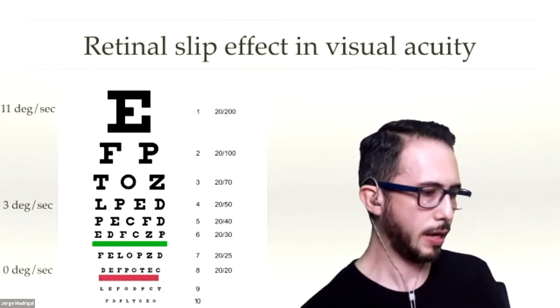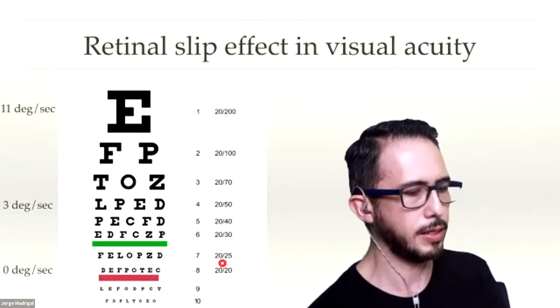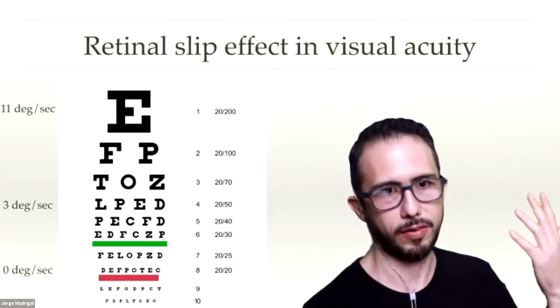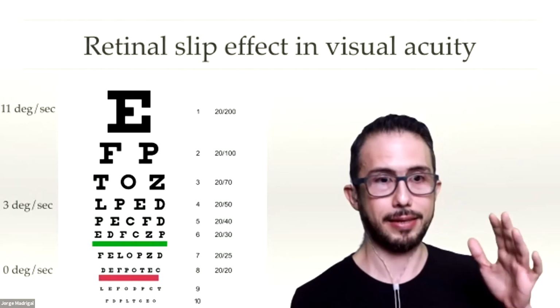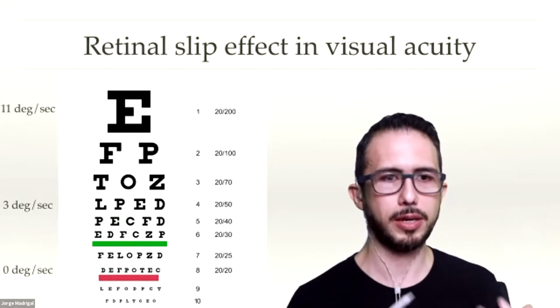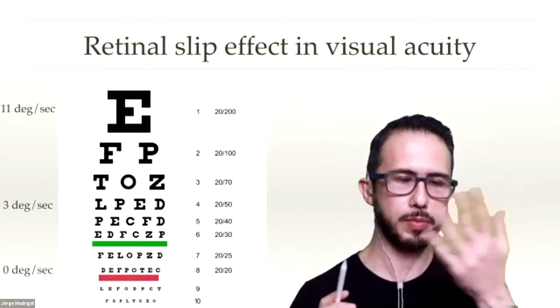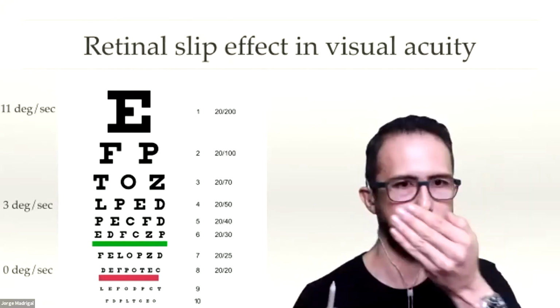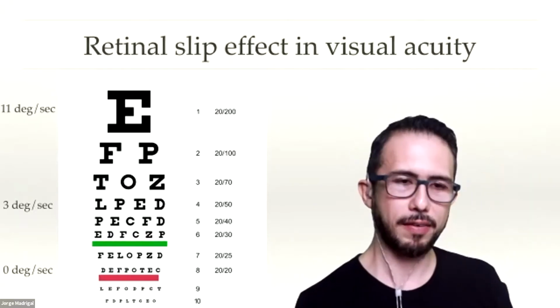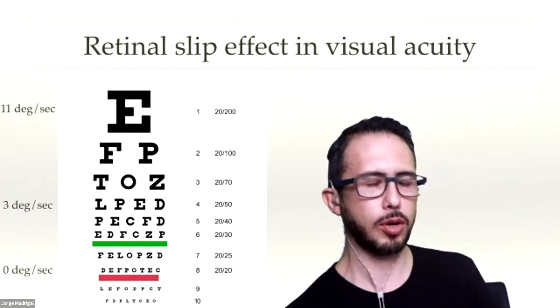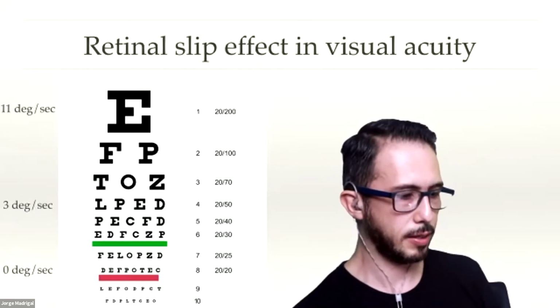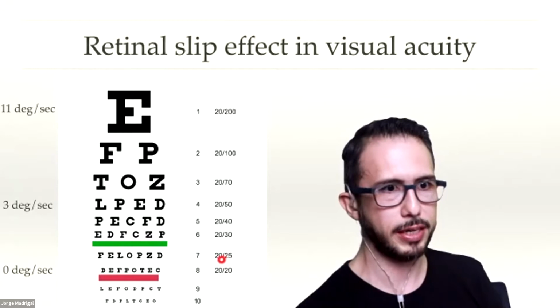For example, if you have 20/20 on a Snellen scale of visual acuity, and when you move your head your vestibular system is working well, so you don't have any movement in your fovea, you will have the same visual acuity as when your head is still: 20/20.